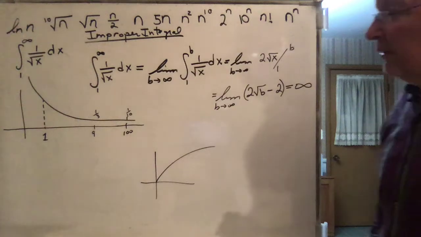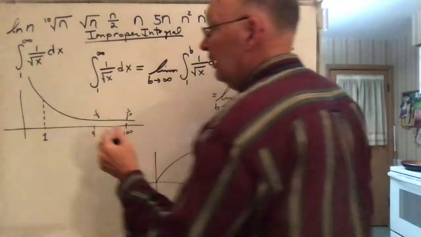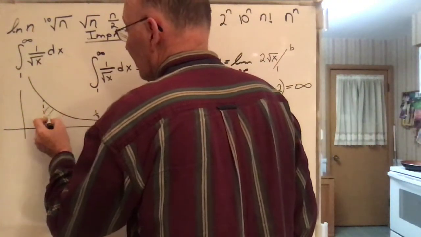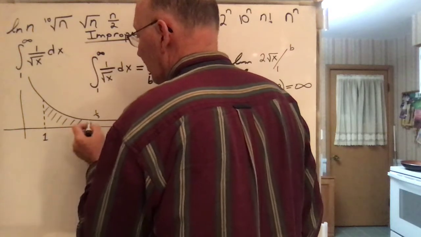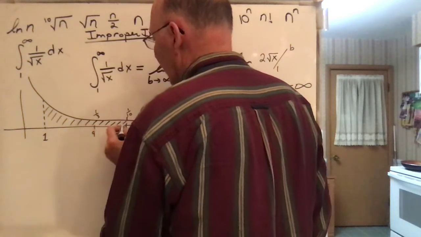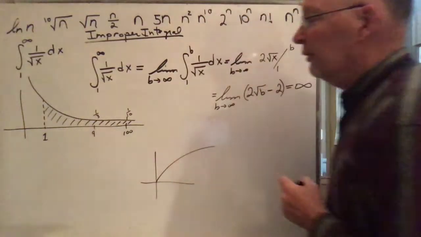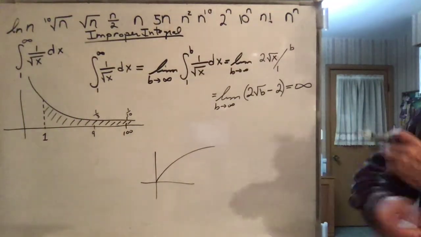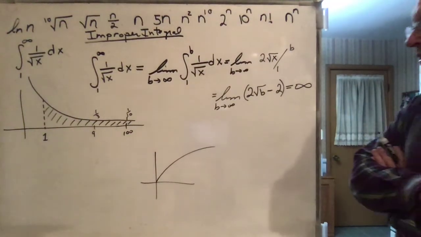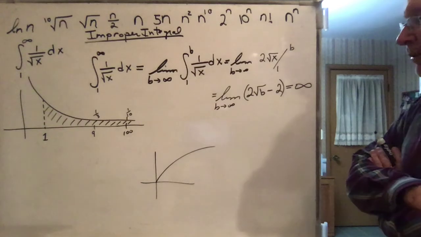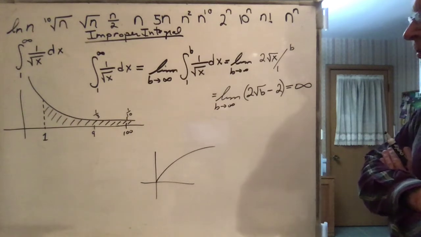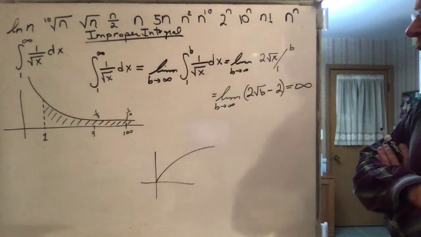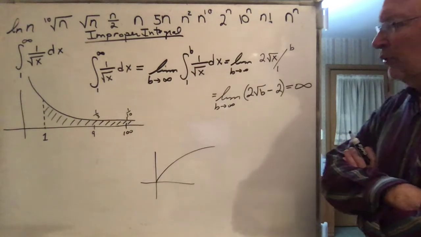So it turns out, if we wanted to give any answer to what the area underneath this is going to go to as you go out farther and farther and farther, the answer would be infinite. The area becomes infinite as you keep going out. Okay? Well, you might look at that and say, that's not too surprising.